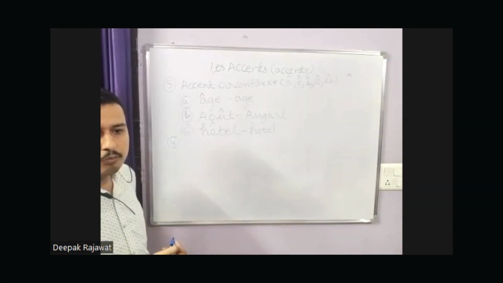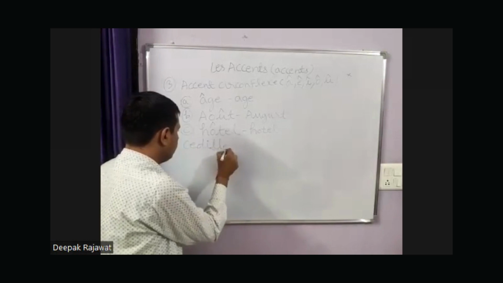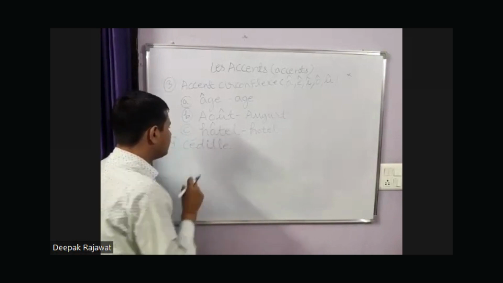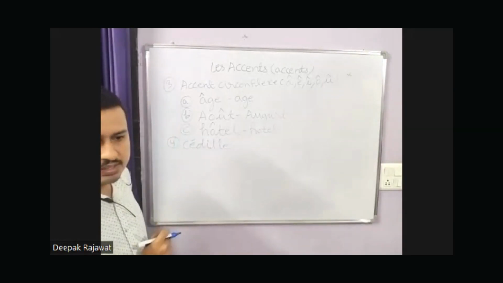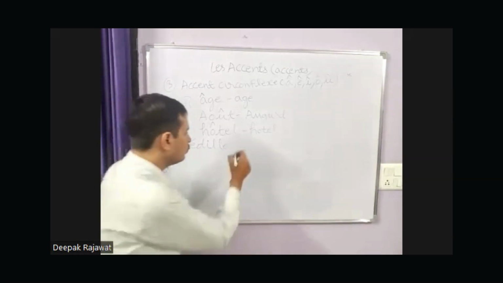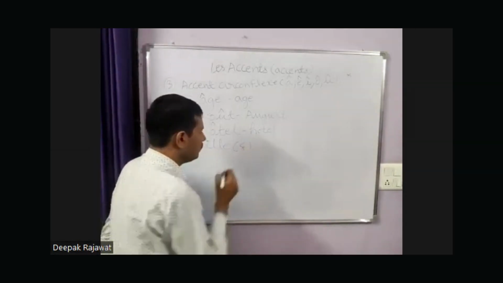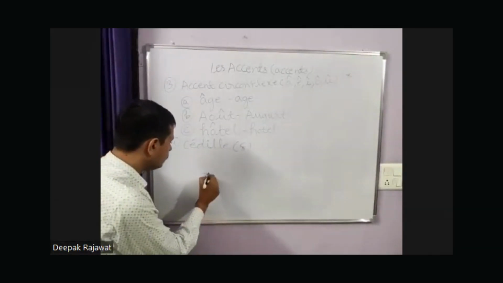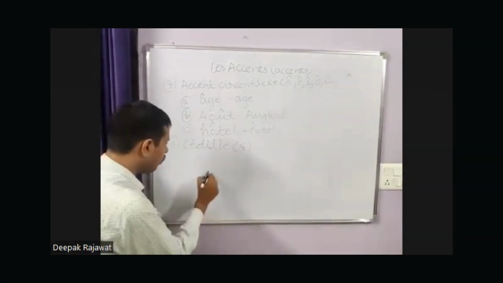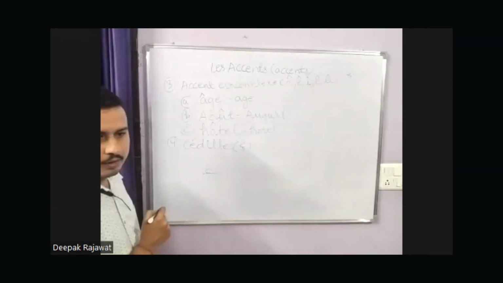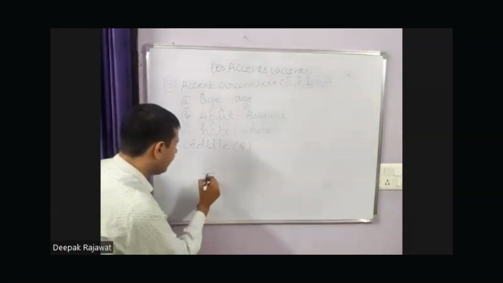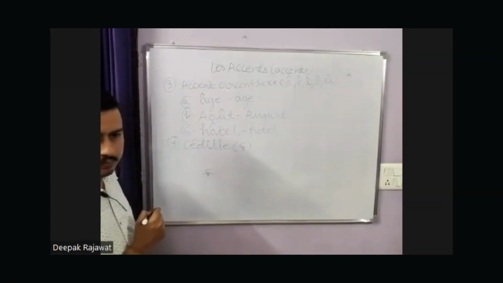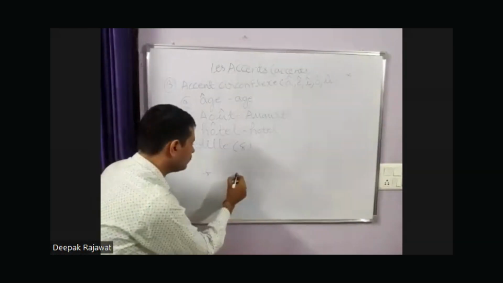Okay, so now we are moving on to accent 4: cédille. This is our fourth accent. This we put on the letter C. This is your line.